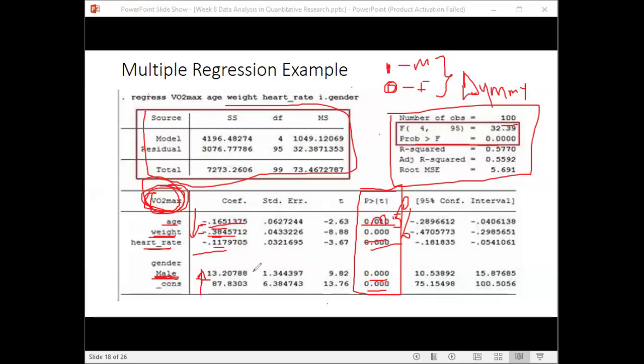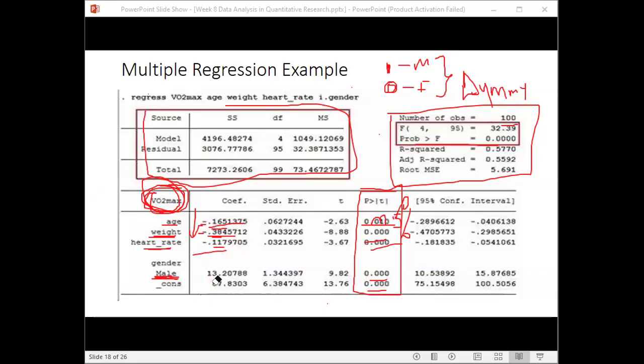13.20789 relative to being female. I'm taking it again. If you're writing, you can write. So if male is the presence of the characteristic, then it's going to be stated that being male, that is having the characteristics of a male, if the coefficient is positive, right?